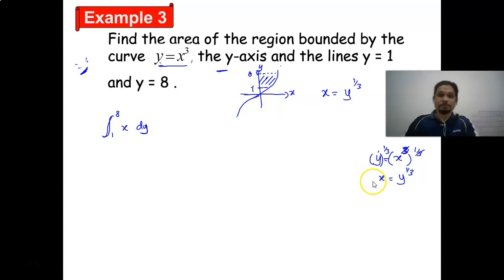Okay, get it? So now this is the integral of y to the power of 1 over 3 dy from 1 until 8. Okay, so then integrate this.